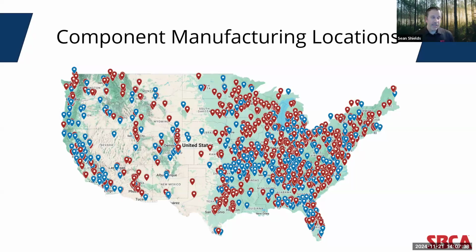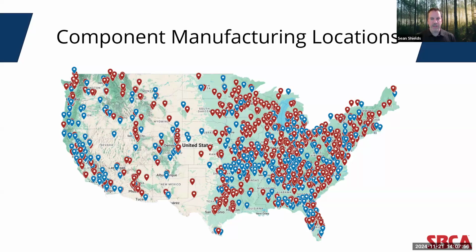How large is SBCA's membership? Well, this map provides a scatter plot of the over 1,300 component manufacturing facilities in the United States. Of those 1,300 dots, 907 of them belong to SBCA component manufacturing members.